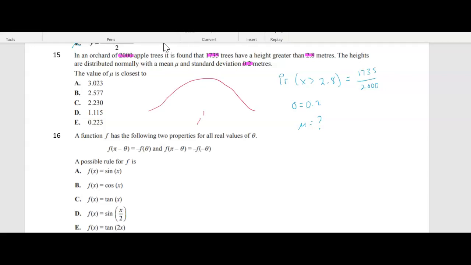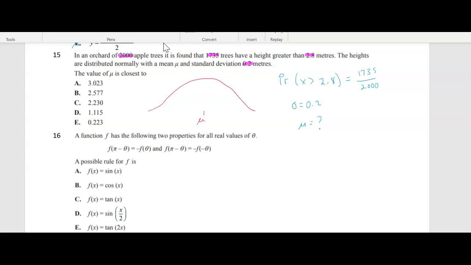So the mean is always in the middle, and we want to know what the mean is. And we know that we have an area of 1,735 over 2,000. And we want to know the probability that x is greater than 2.8.